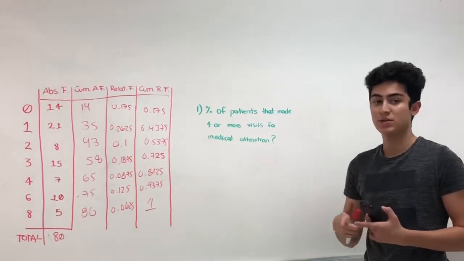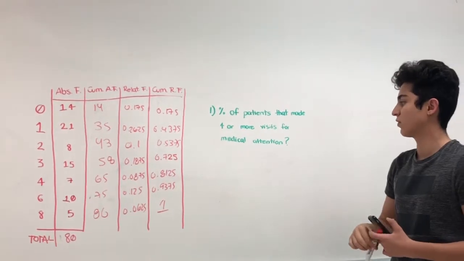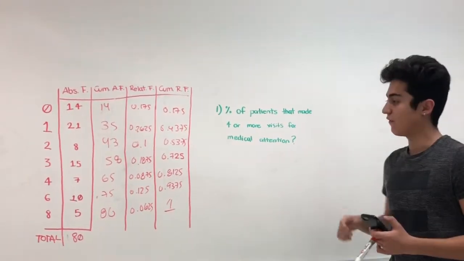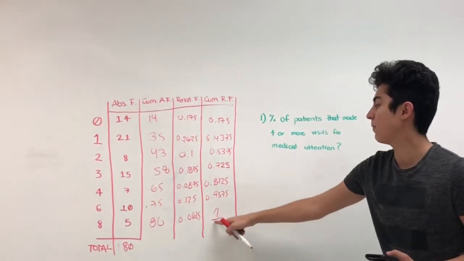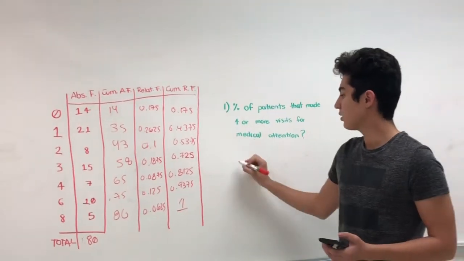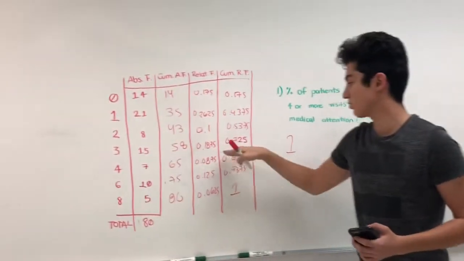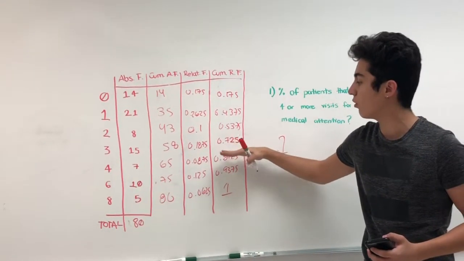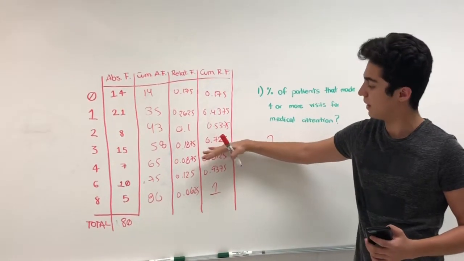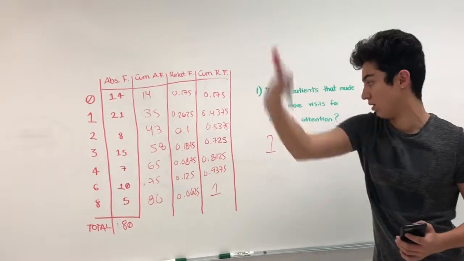For the next question, we need to get the percentage of patients that made 4 or more visits for medical attention. For this, we're going to take the total value of the cumulative relative frequency, which is 1, and we're going to subtract the value of 3 because we wanted the 4 or more, which are the values from here and on.